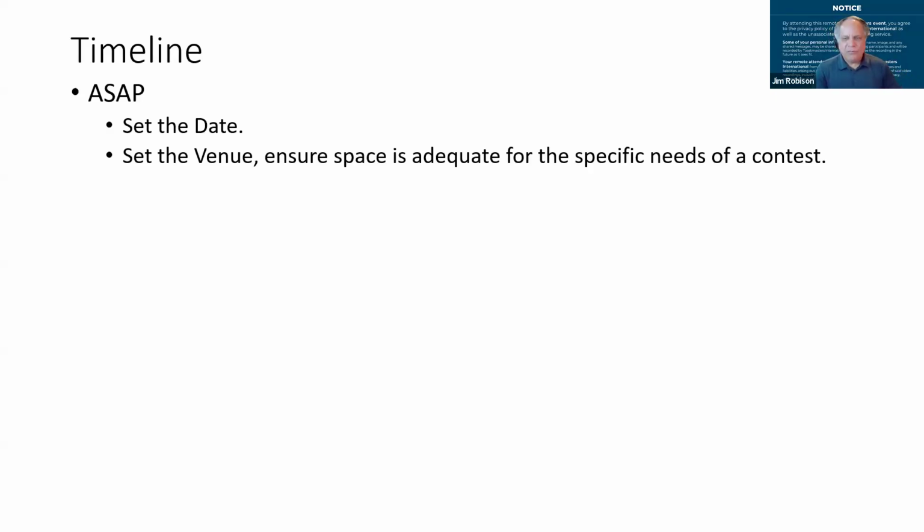Also, for most contests, you'll want to have a separate room where the ballot counting can be done. So always take into account what space you need. That's detailed in the rule book, but as contest chair, you want to be sure to consider what space you will need and then get that scheduled in.